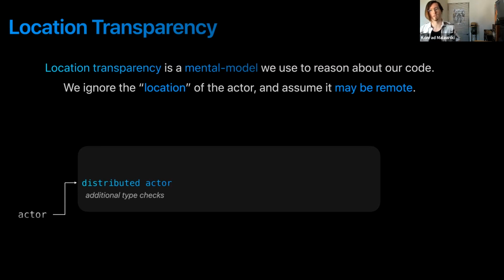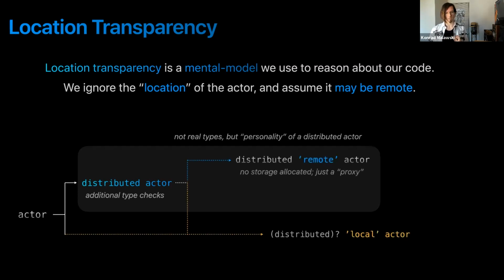So you program against, at least statically, the distributed actor model, but at runtime, of course, there's two actual real cases. The actor is either actually local, in which case it's the exact same execution semantics as the normal actor in the language, or it's a remote actor, in which case invocations of distributed functions don't actually invoke the code, but they become messages that we put on the wire, and the remote instance actually gets and executes that.